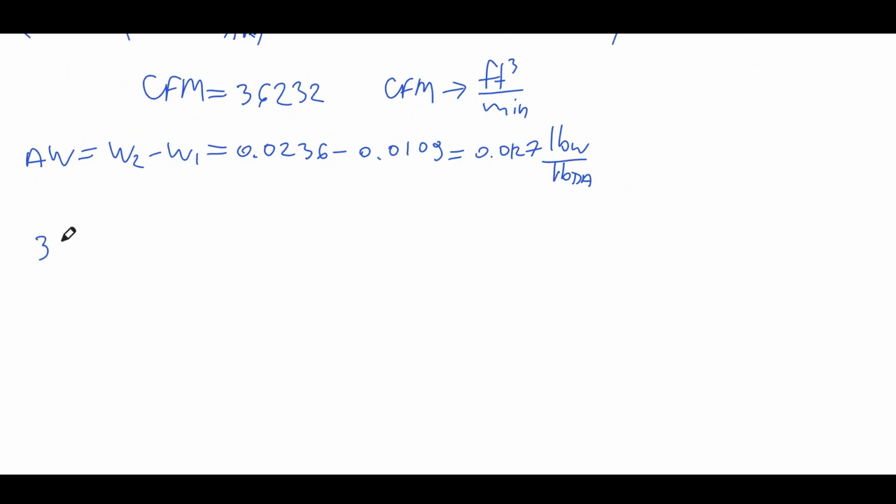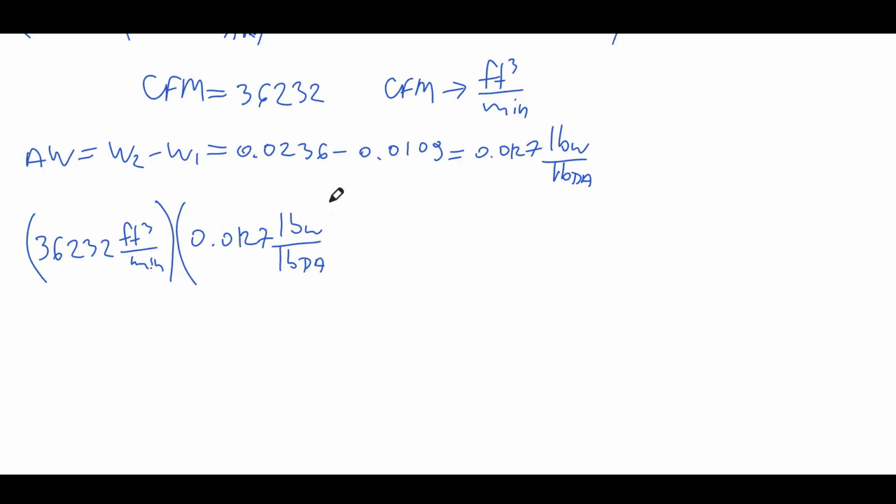So we put our volume flow, 36,232 cubic feet per minute. You put our moisture difference, which is 0.0127 pounds of moisture per pound of dry air. Now we put conversion. We have 60 minutes in 1 hour, so minutes will cancel out.